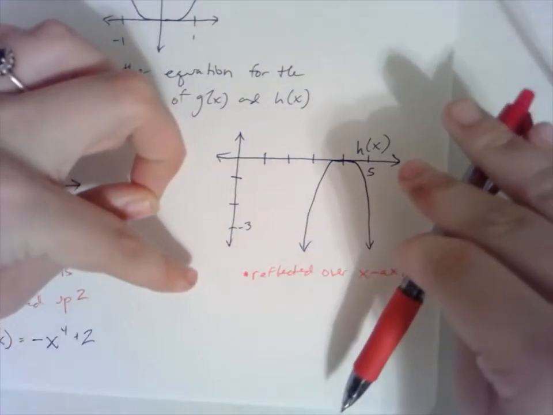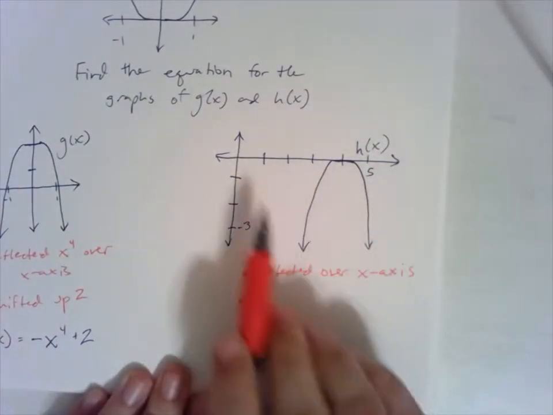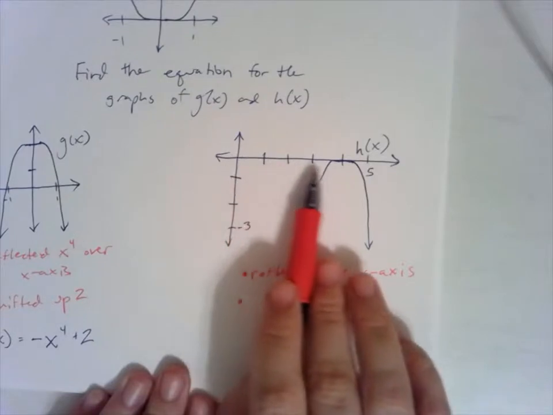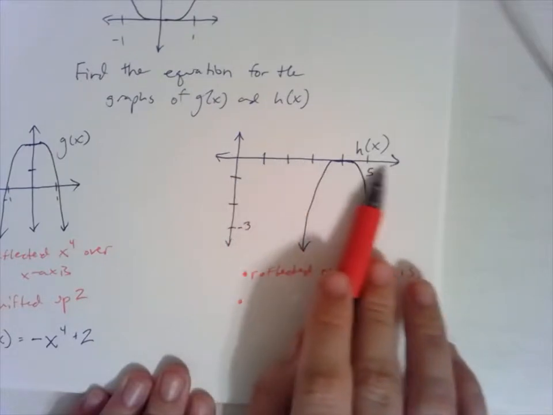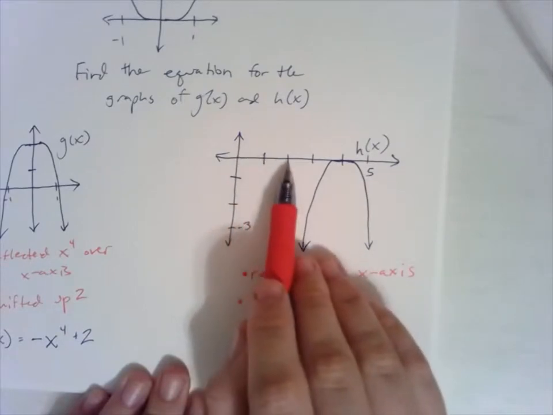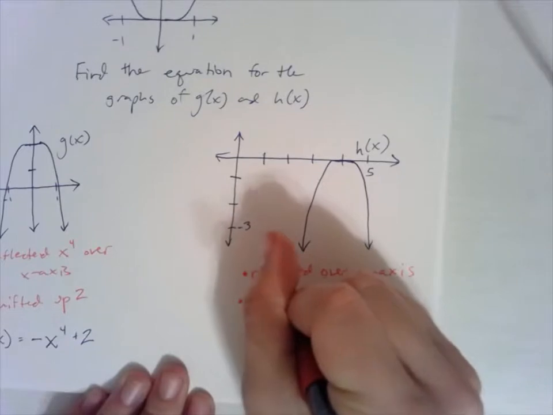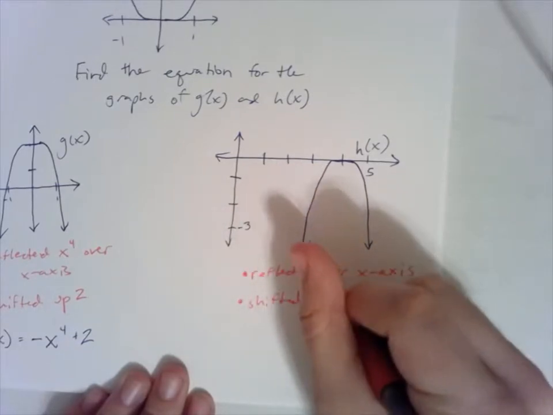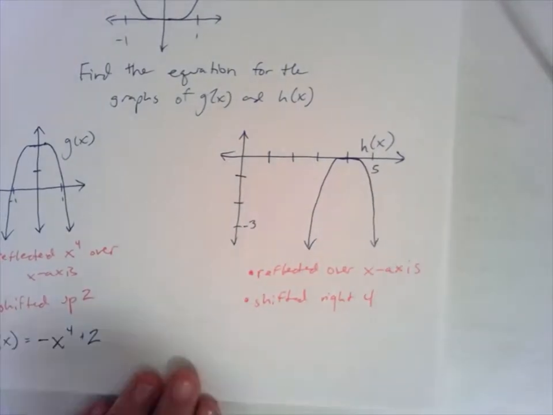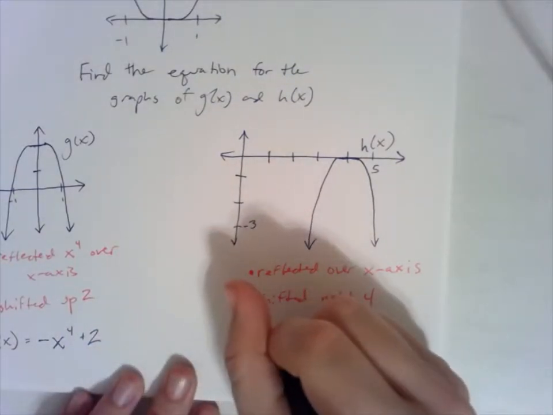And it didn't go up or down, it's still touching on the x-axis, but it does go over, it looks like 1, 2, 3, 4. So we can say it shifted to the right 4 units. And when we combine all this information, we get h of x equals, again, negative x to the fourth because it reflected over the x-axis.